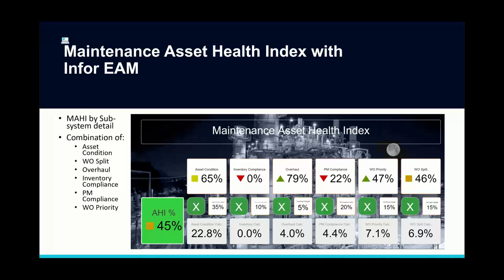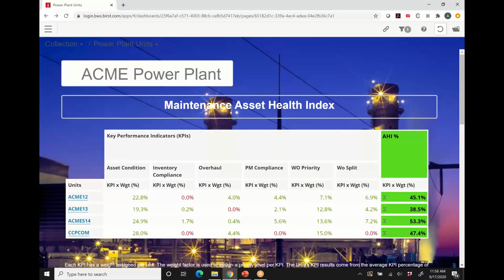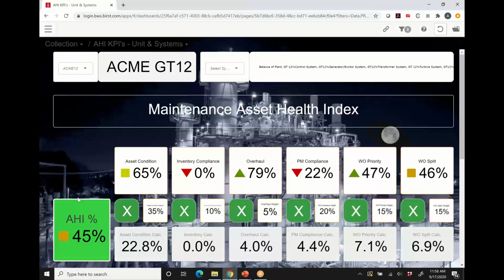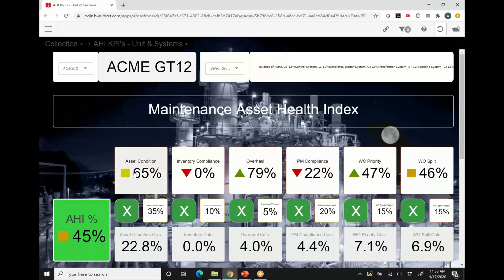Let me just switch gears real quick and take you here. This is a live environment. I'm looking at the power plant level, and at the unit. Let's take a look at my unit 12. Here for unit 12, I have a 45% maintenance asset health index, which is coming off my asset condition, which is at 65%, and I gave it a weight of 35%.